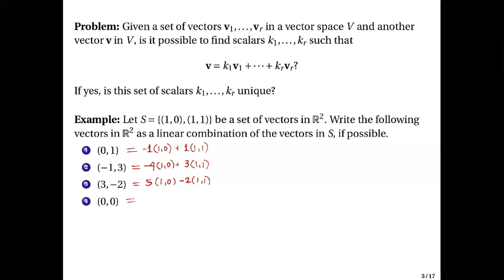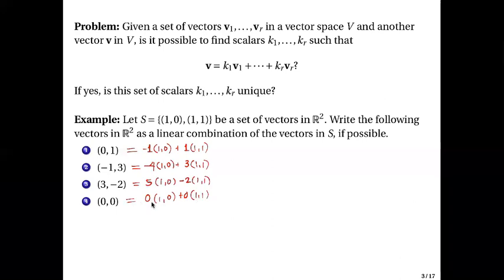And for this one here, we have 1, 0 plus 1, 1. We can take both scalars to be 0, correct? So we have 0 times this vector, it's still 0, 0, plus 0 times this vector, it's still 0, 0.